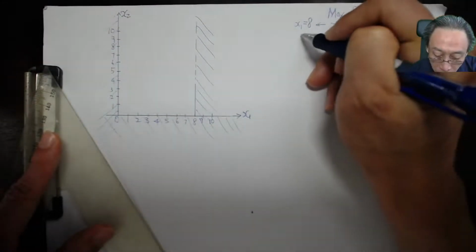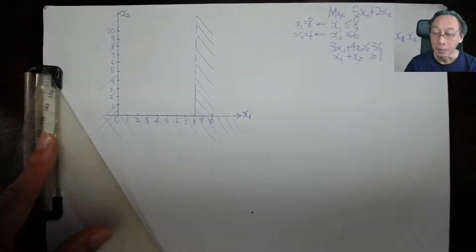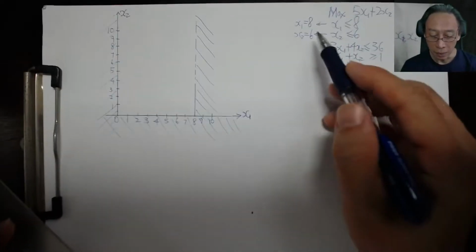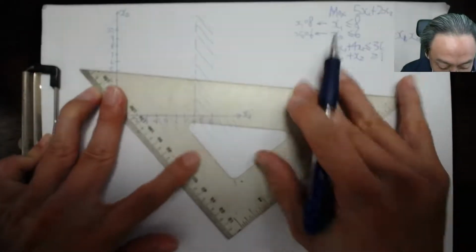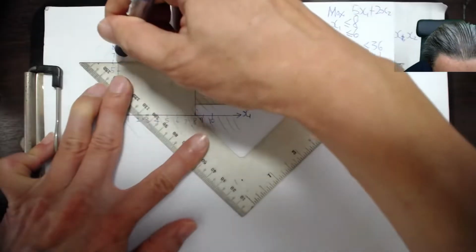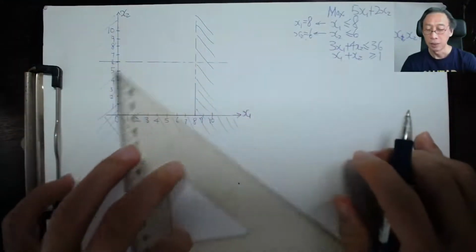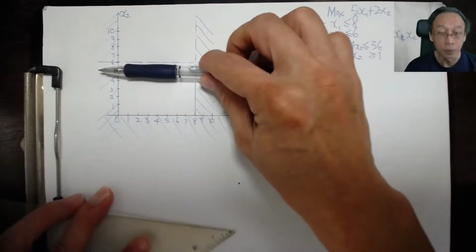So first step, we change it into an equation. Then we draw that line equation. And to draw that line is very easy, fortunately, but we'll see a more difficult case later on. So x2 equals to 6. Any point on this line will have x2 equals to 6. Now we need to decide, do we want to discard the top or the bottom?